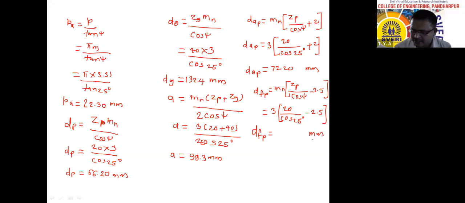One 900 बघा. Dedendum circle diameter कमी येणार ना. Addendum circle diameter पेक्षा dedendum circle diameter लहान असतो.